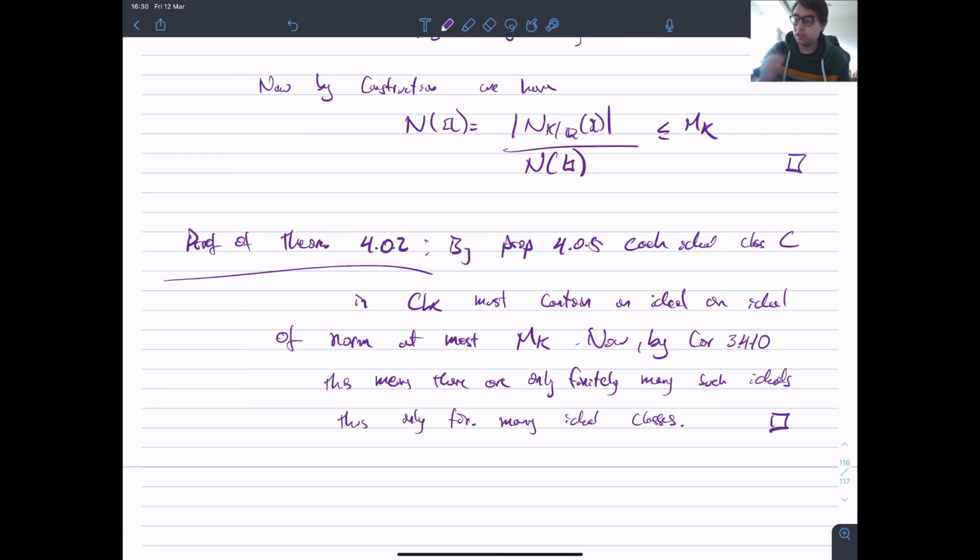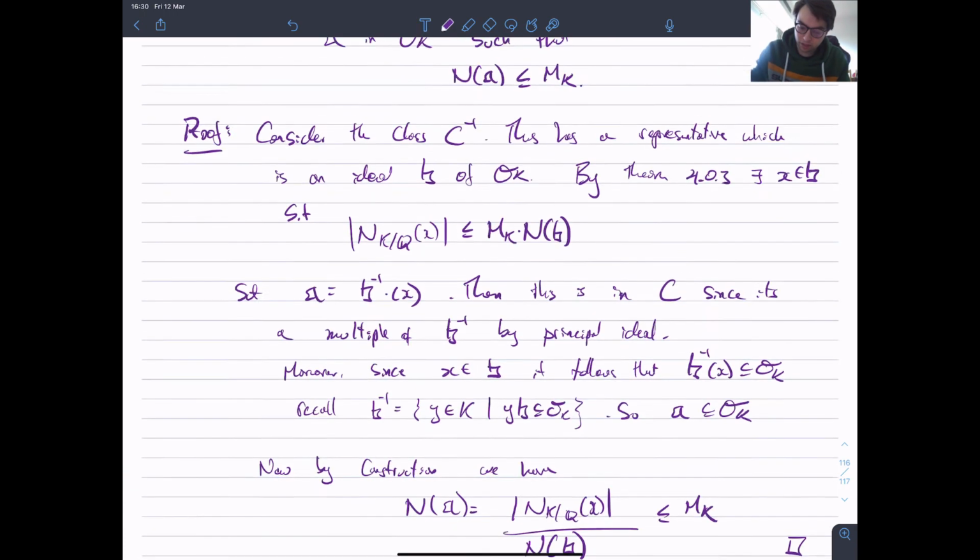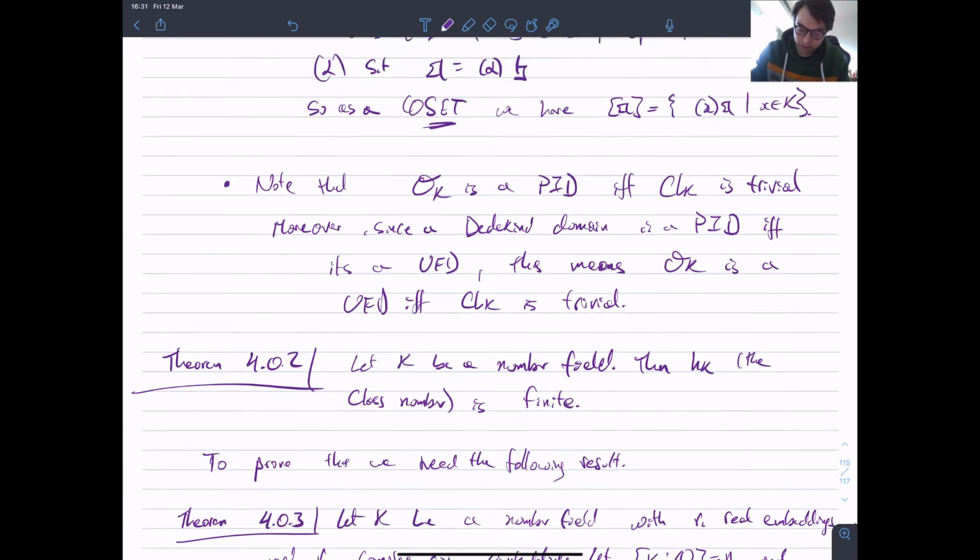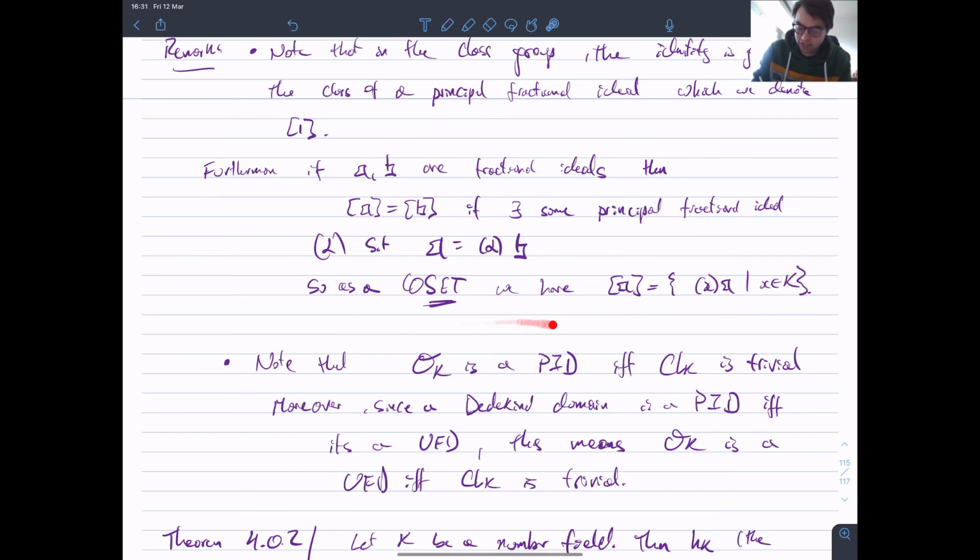Great. So let me just recap. Remember, the class of an ideal is just, as a set, all multiples by principal ideals. What I'm saying is that for any class in the ideal class group, if you look through this coset, you can always find an ideal which has a norm less than the Minkowski bound.